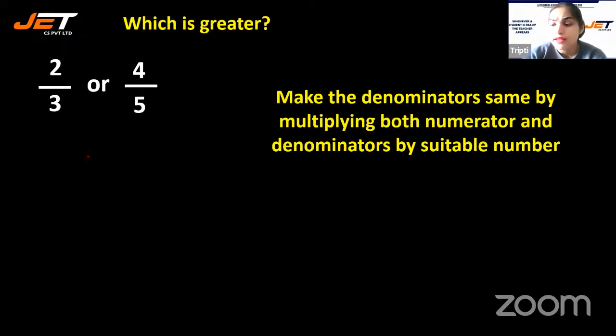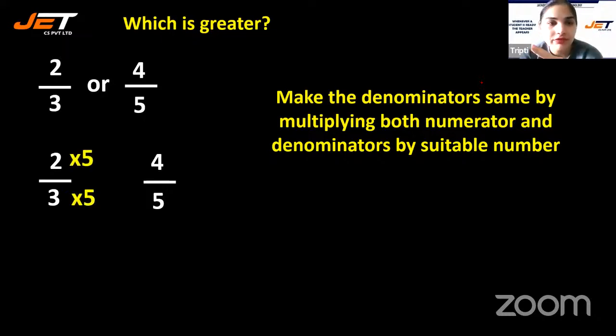So here, we need to compare the fractions. And we know how to compare the fractions because we have learned that while adding or subtracting. So make the denominator same by multiplying both the numerators and denominators by a suitable number. So 2 by 3 and 4 by 5, I'm going to multiply the first fraction with the denominator of the second fraction and the second fraction with the denominator of the first fraction.